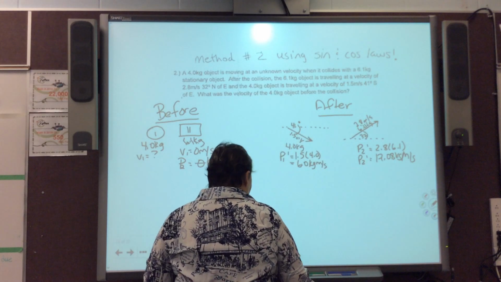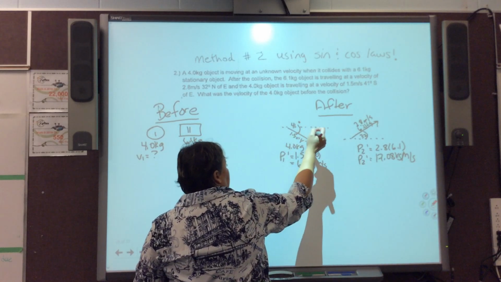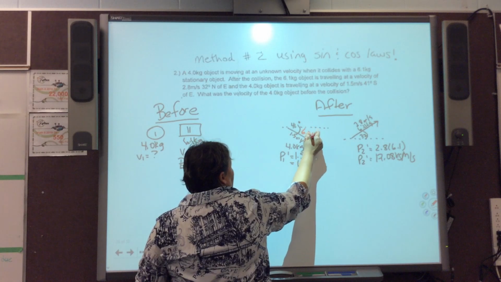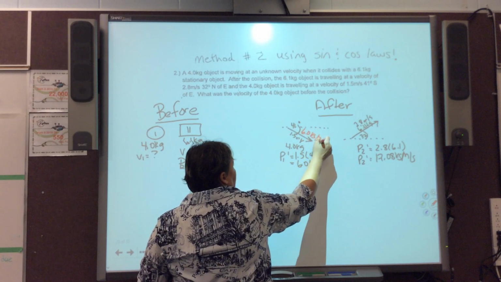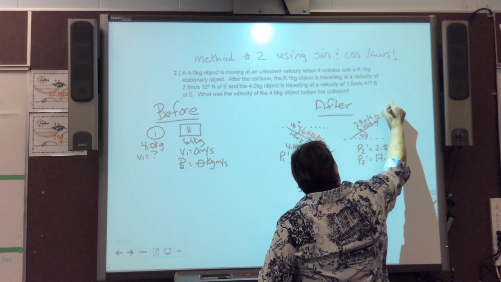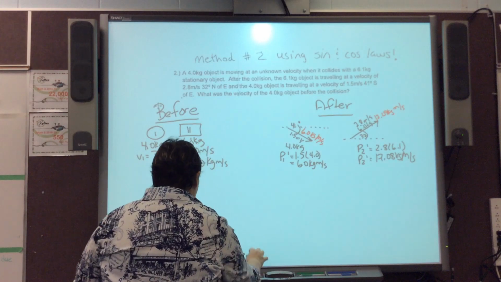Okay, and that's these values here. That's your actual angled one, your hypotenuse. So this is 6.0 kilograms meters per second, and this one is 17.08, if we're putting in our information.